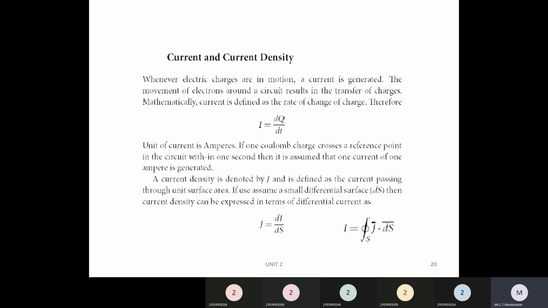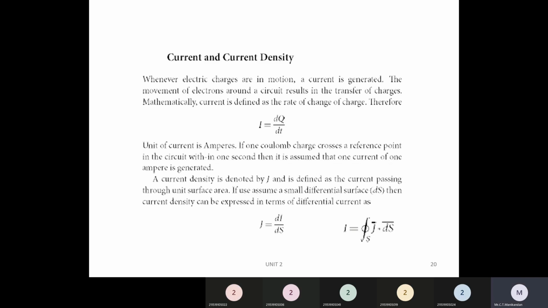So J equal to di by ds. From that we can write I equal to closed integral of J dot ds, the surface integral of J dot ds. You already know that the unit of current is amperes.